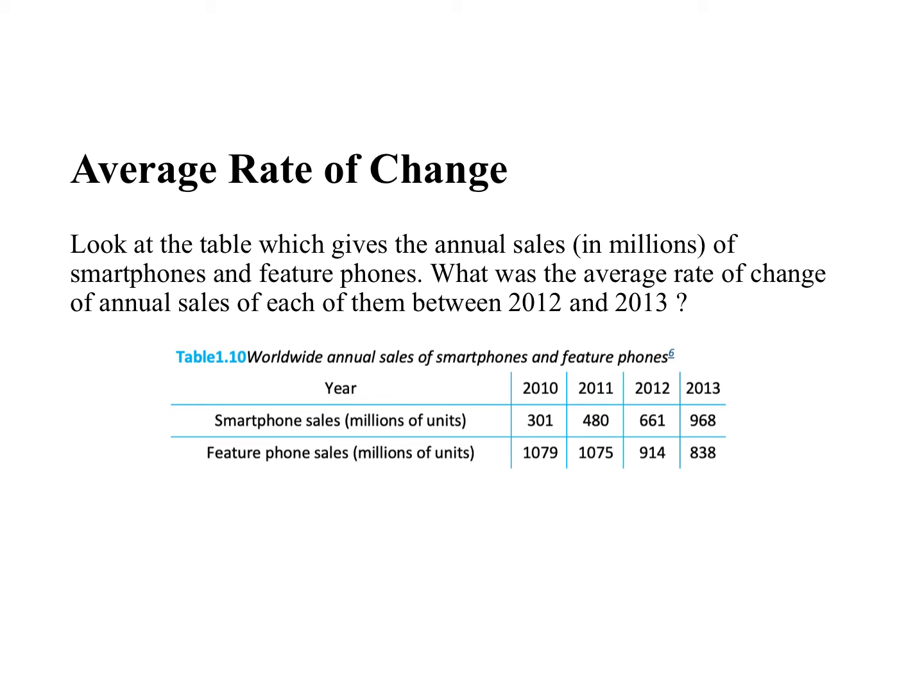So here we're looking at the same example as the previous one, but we want to take a look at the average rate of change between 2012 and 2013. And instead of doing it for both types of phones, let's just focus on the smartphone right now. So recall that the average rate of change in sales for smartphones between 2010 and 2012 was, what was it, 180 million smartphones per year.